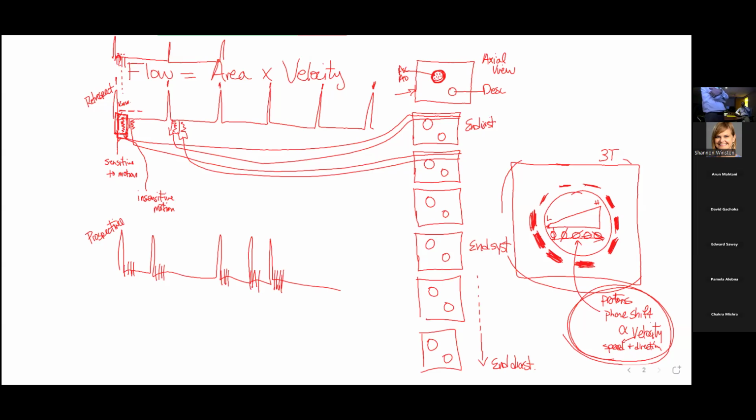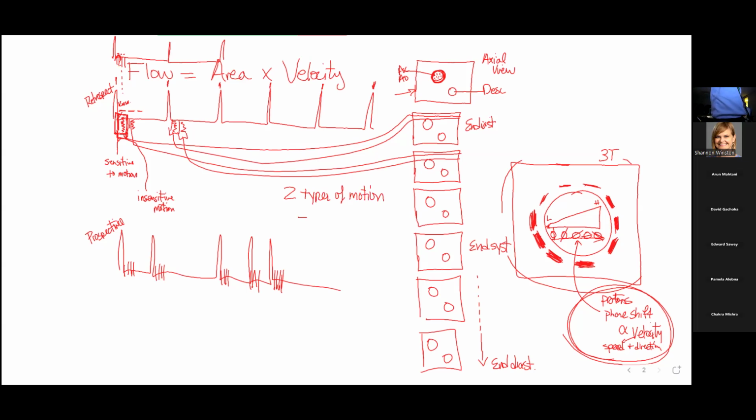Because you start to measure flow, and remember last week, we talked about there were two types of motion that we've got to account for, right?